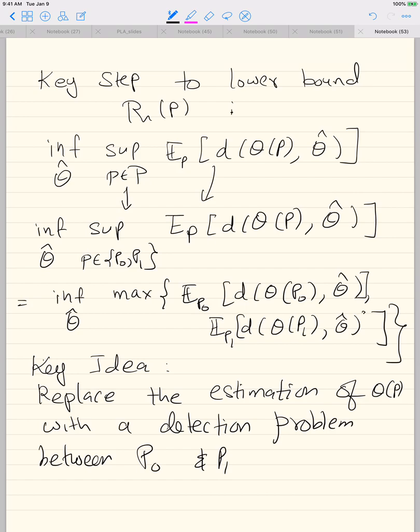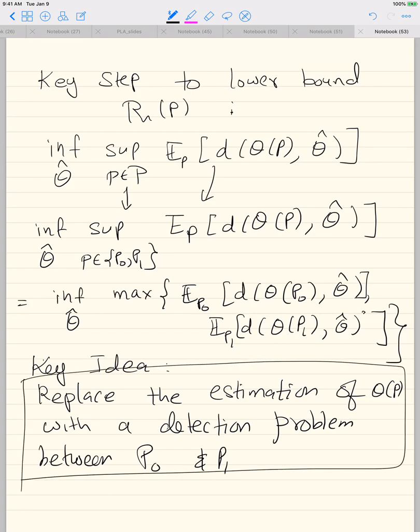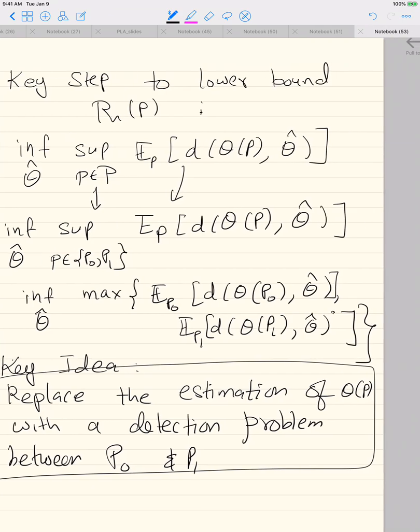Okay. So how do we map? How is this mapping done? I think I only have time to explain that, and then we will continue next lecture. So imagine that we have only two quantities, either θ is θ0 or θ is θ1.